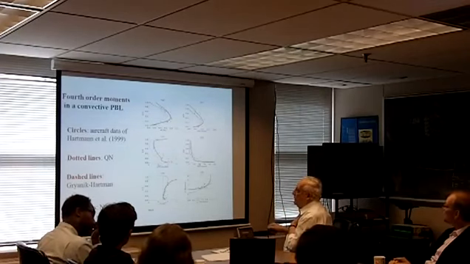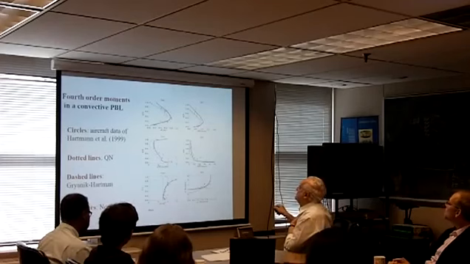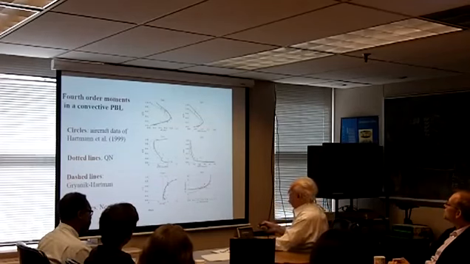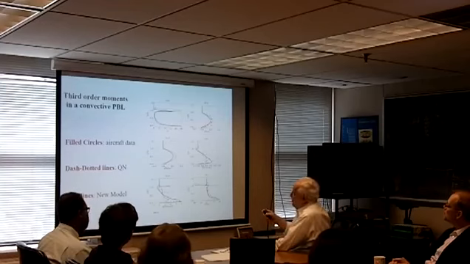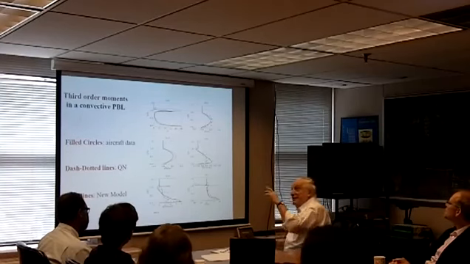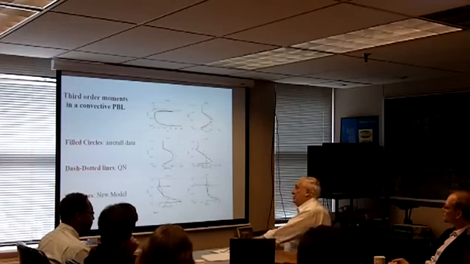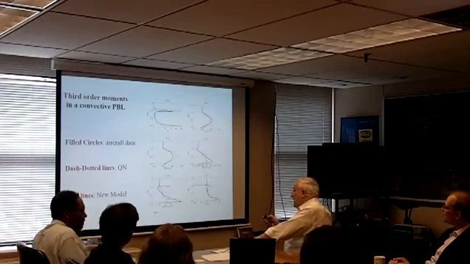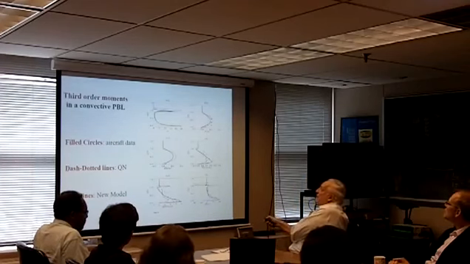Our competitor, Harman, has this dashed line, which is as good as ours, I would say. So now we have a model for the third order moment, rather than cutting it theoretically, which would have been very arbitrary. This is the flux of kinetic energy.